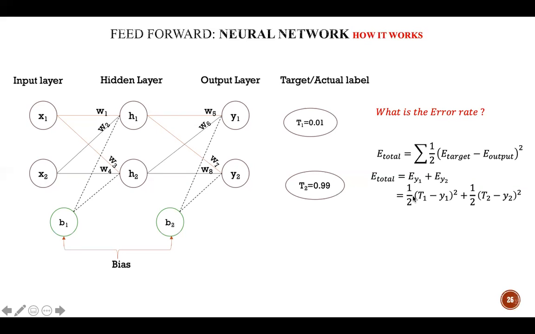And the error is equal to 1 divided by 2 of (T1 minus Y1) to the power 2, plus half of (T2 minus Y2) squared.